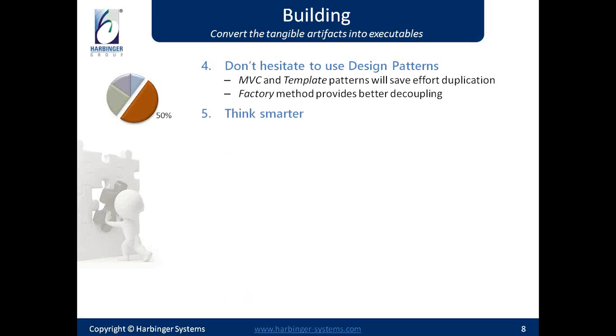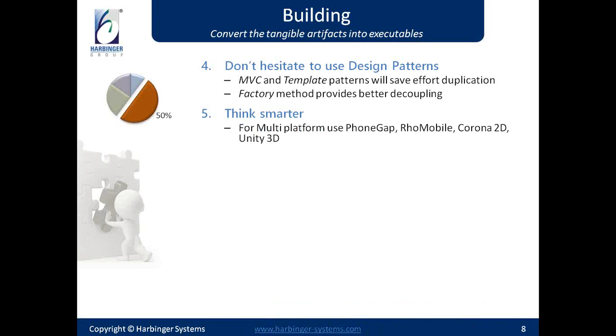Tip number 5 under building is to think smarter while you're coding. It does not necessarily mean that you have to think smart when you are actually typing in the code, but also how smart you need to be in how you want to use the code.